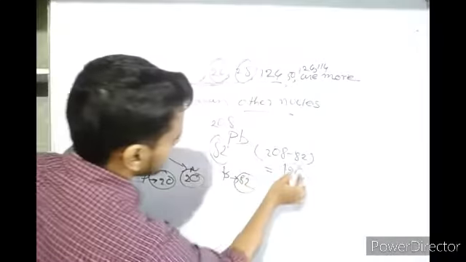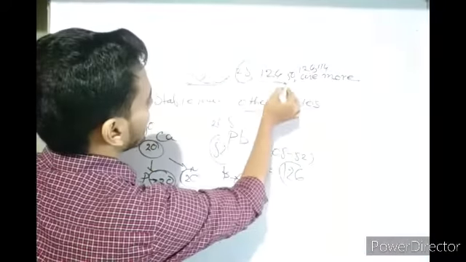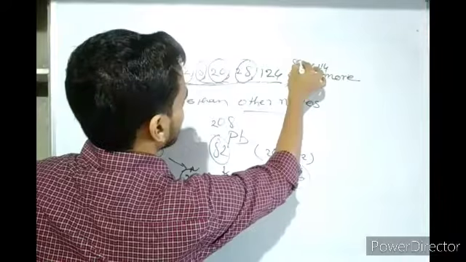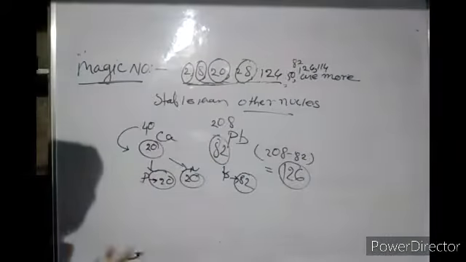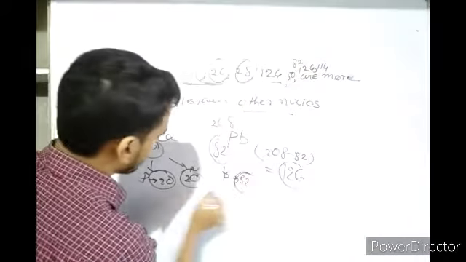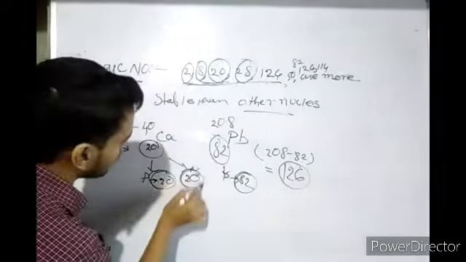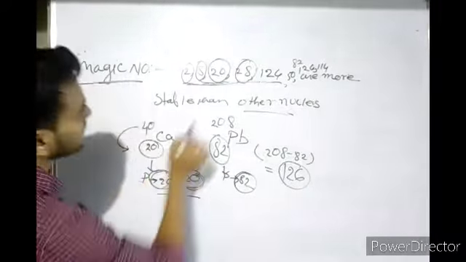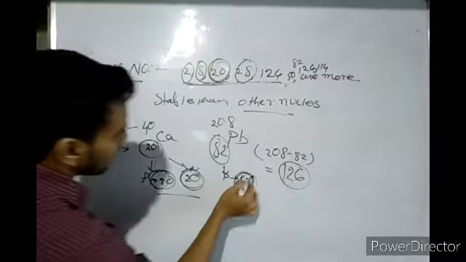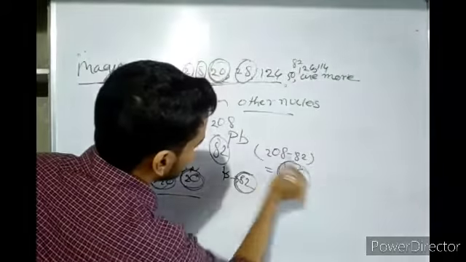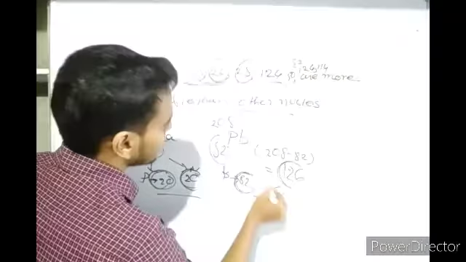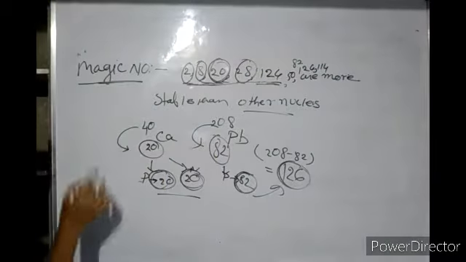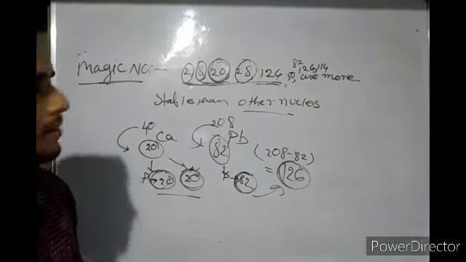These two numbers are separately present among the magic numbers, 82 and 126. In the first case, proton number and neutron number are both the same and present in the magic numbers, and here proton number and neutron number are different but both present in the magic numbers. So this type of nucleus is more stable than other nuclei.